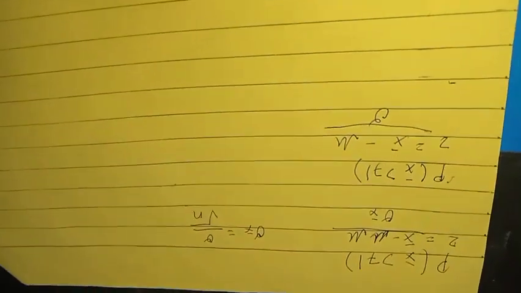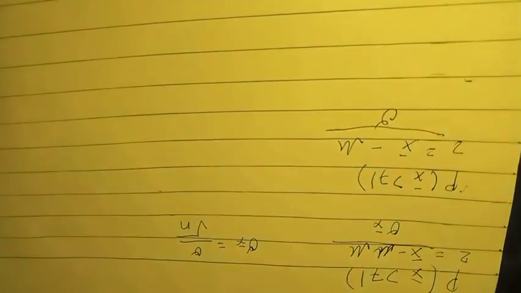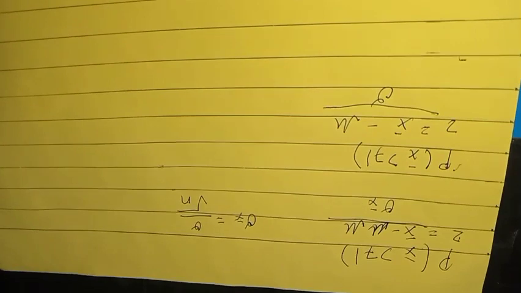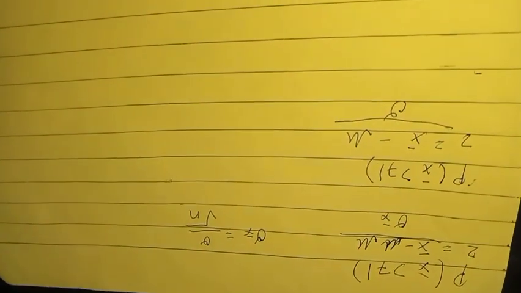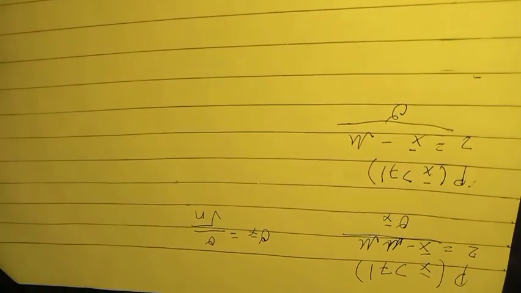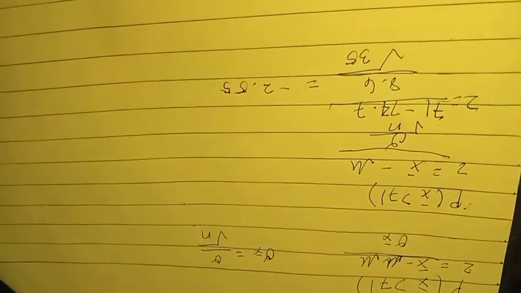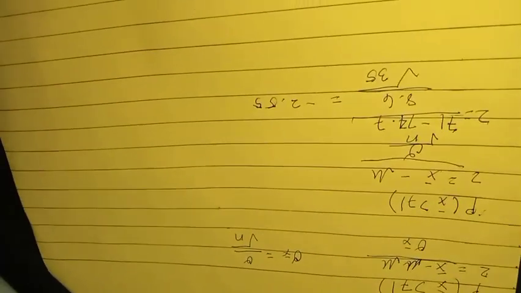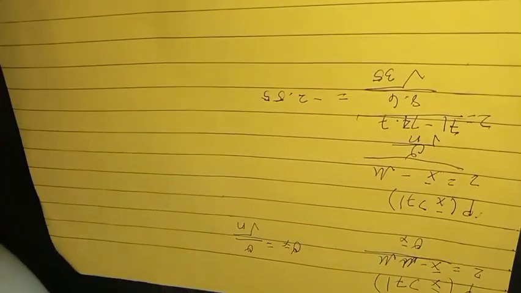So we will substitute the sample mean, population mean, standard deviation, and sample size into the formula. This results in a z-score of negative 2.55.